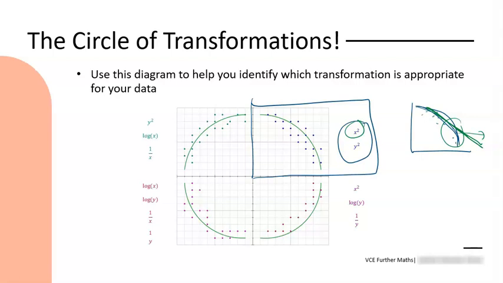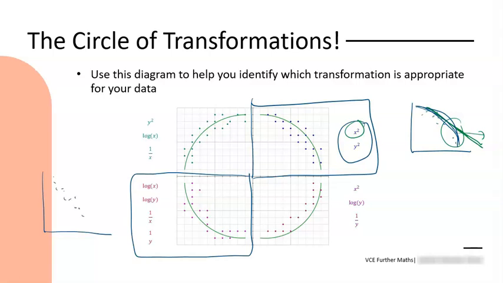Similarly, if I have something in this third quadrant here, so a scatter plot that is kind of this shape, curving on the lower left-hand side, then I have 4 possible transformations.